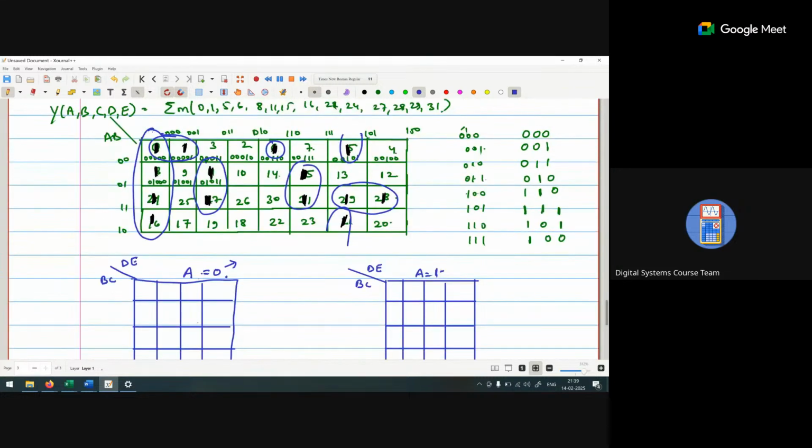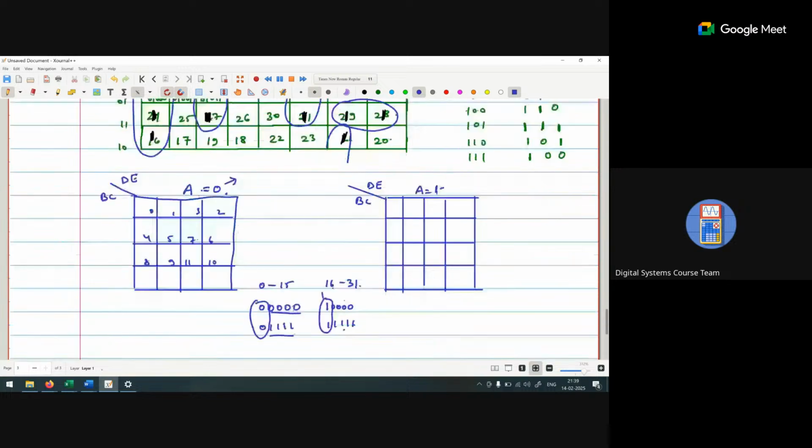Now if we are talking about the order of the group, B, C, D, E, it is similar: 0, 1, 3, 2, 4, 5, 7, 6, 12, 13, 15, 14, 8, 9, 11, 10.